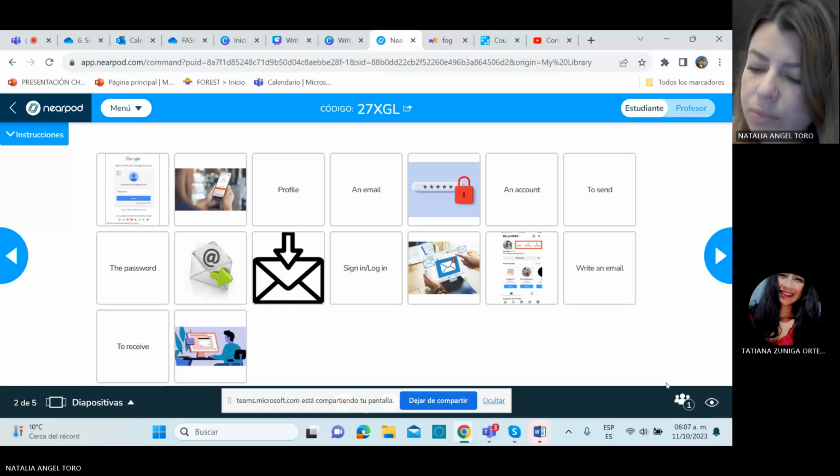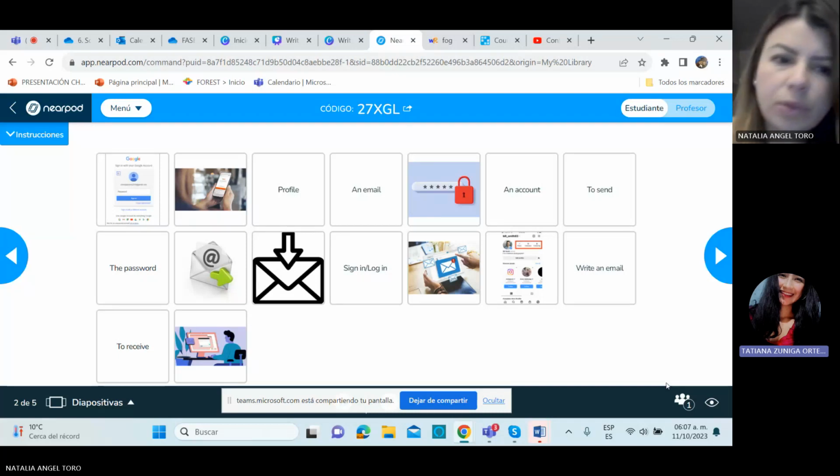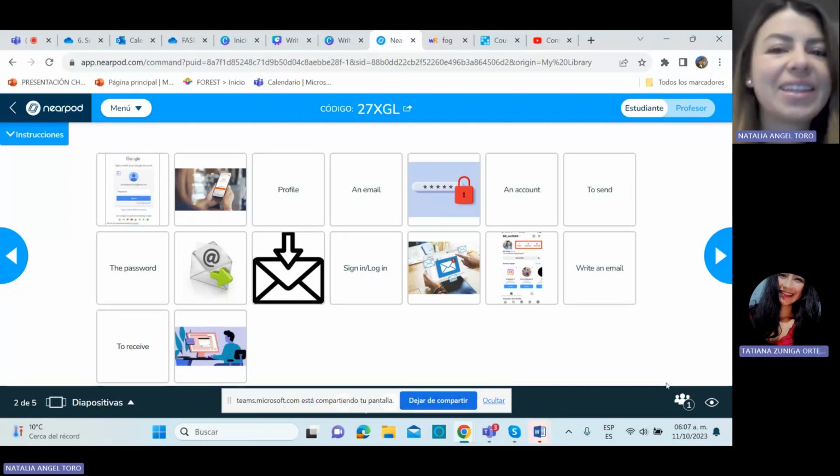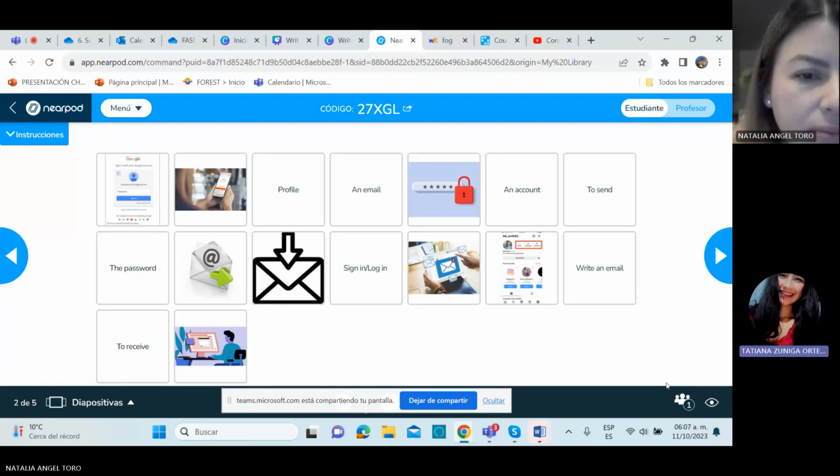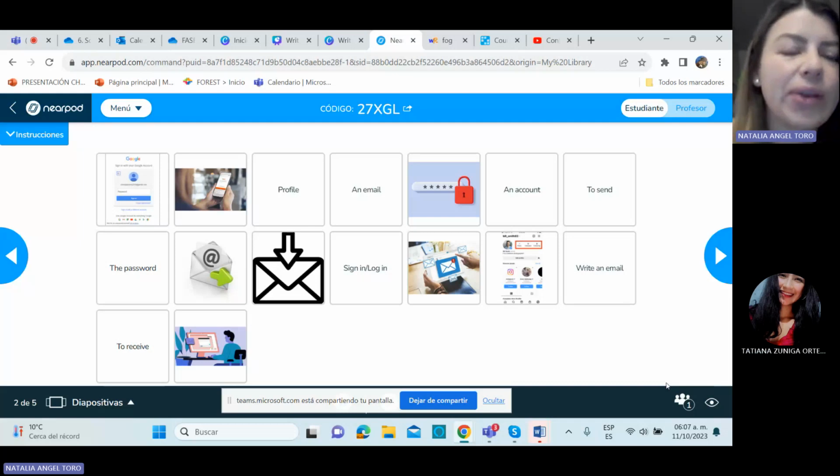Okay, I finished. Ready? Yes. Okay, that's right. Tata, question. You are working on a computer or on a phone? Computer. Okay, that's great, just to keep in mind for the next activity.